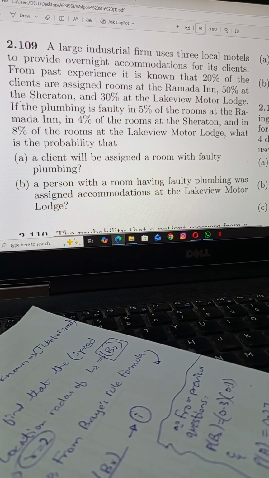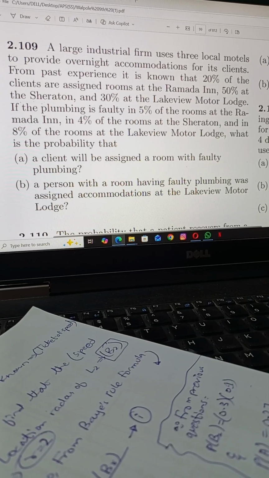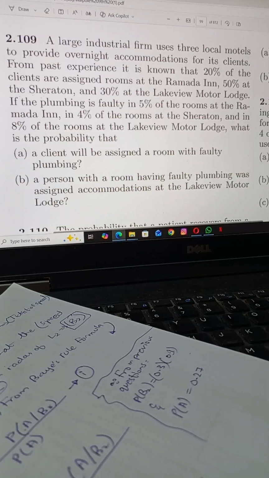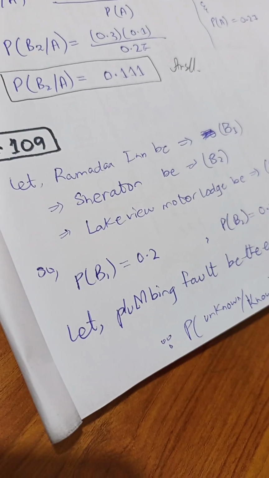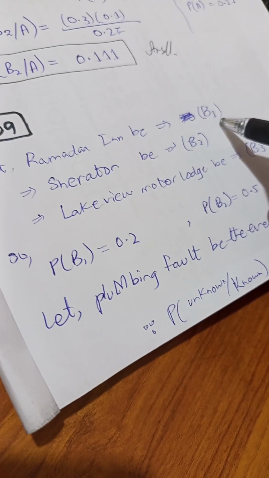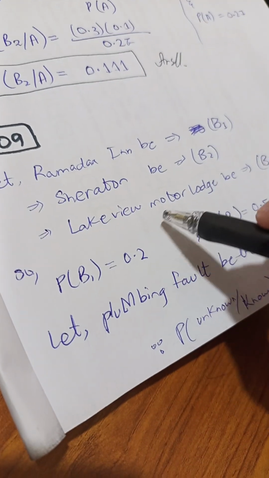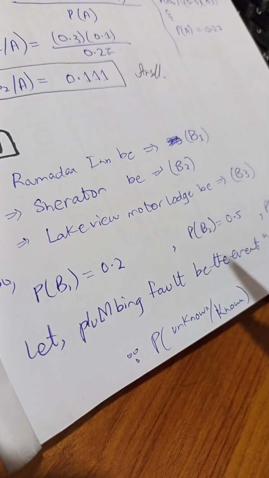So first we need to understand what the data is interpreting. We are going to assume that Ramada Inn is the variable B1, the Sheraton is B2, and the Lakeview Motor Lodge is B3.